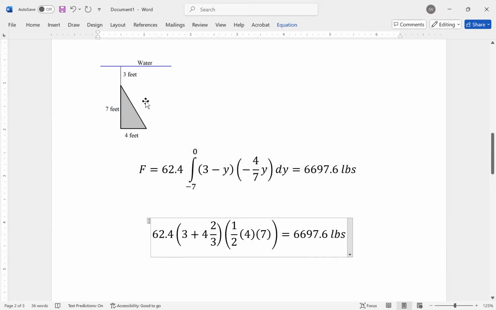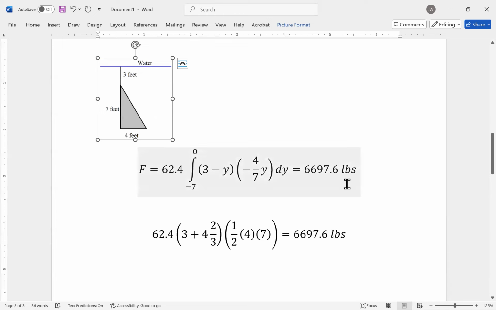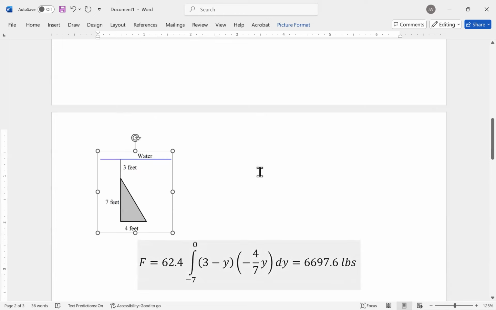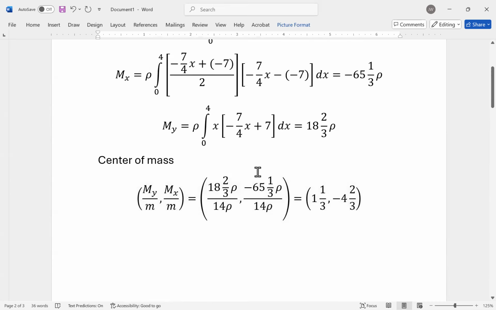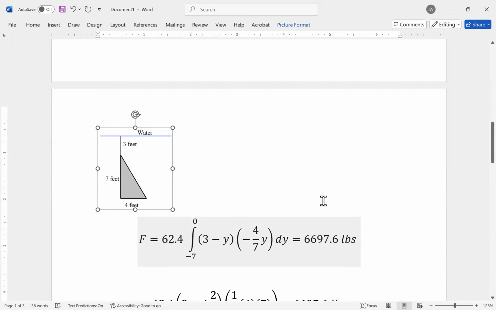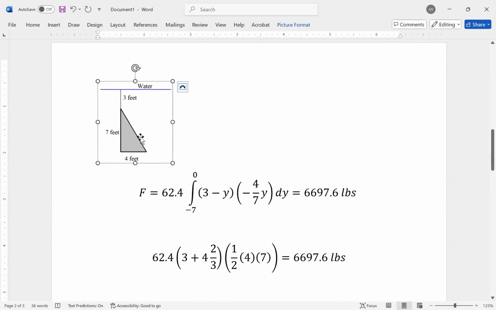So this is another way to do those problems that we looked at in the fluid force section without integrating. Or I should say, technically, we had to integrate to find the center of mass. But once we found the center of mass, then you could have actually done that problem another way.